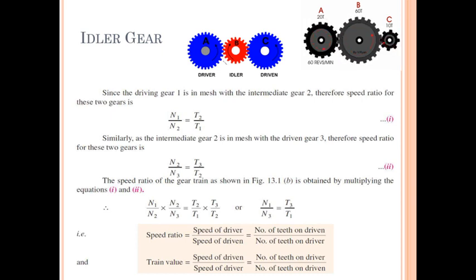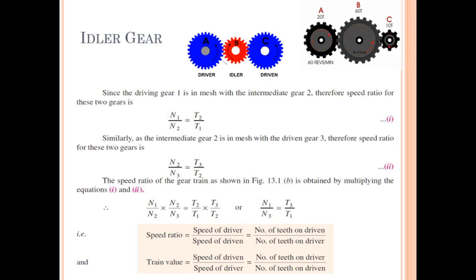That is, speed of first gear divided by speed of last gear is equal to number of teeth of last gear divided by number of teeth of first gear.